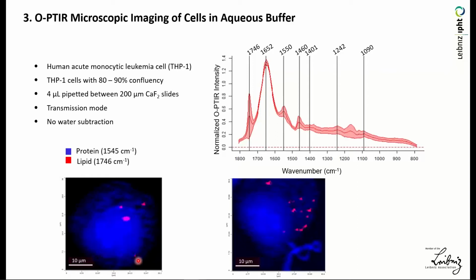In the images, the blue channel is the protein distribution, and the red channel is the lipid distribution, and even very small lipid features can be identified. For example, here this small lipid droplet only has a diameter of 670 nanometer.